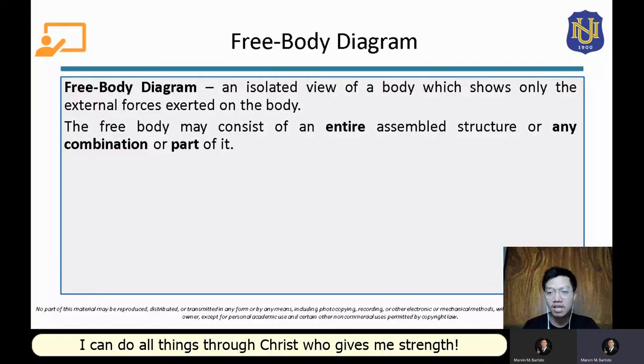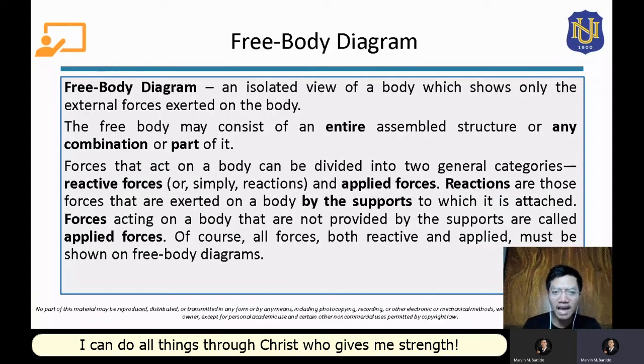It is important that we have knowledge in constructing the free body diagram of the entire structure and of every part of the structure, because it will be impossible to solve systems of forces in equilibrium without knowing how to construct free body diagrams. So this is very, very important.